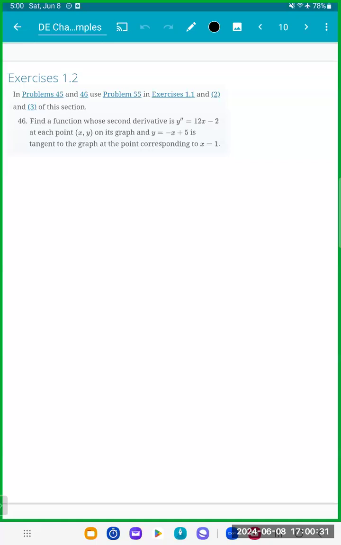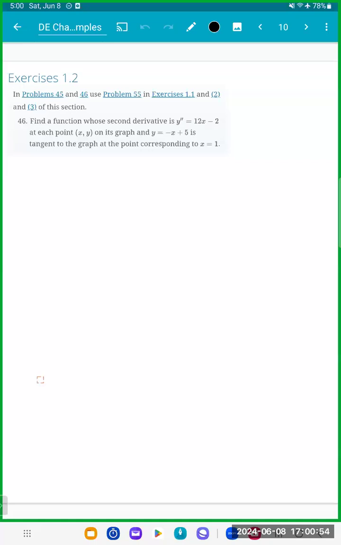So it wants us to find a function whose second derivative is equal to the one given here at each point x and y on its graph, and y is equal to negative x plus 5 is tangent to the graph of the points corresponding to x equal to 1.